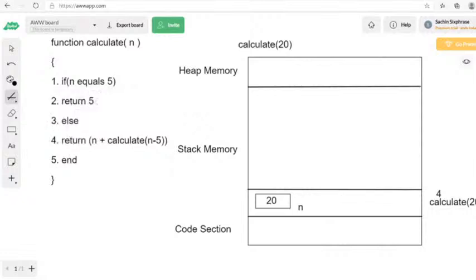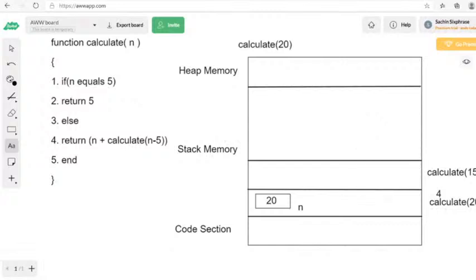For that function call, we create one more activation record on top of the existing one, because the existing activation record will be deleted only once you execute the closing curly brace of the function. That is not executed yet, so I cannot delete it. This new activation record is for the call calculate of n minus 5, which is 20 minus 5, 15.